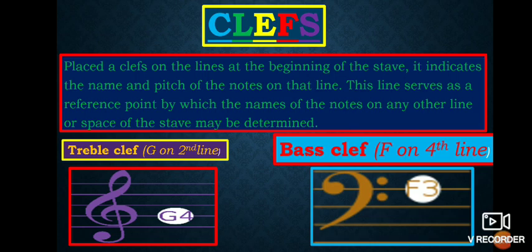The second clef is the bass clef. The bass clef is also known as the F clef. It circles round line 4. If you start counting from down, 1, 2, 3, 4. On line 4, you can see two dots, one above line 4 and another under line 4.